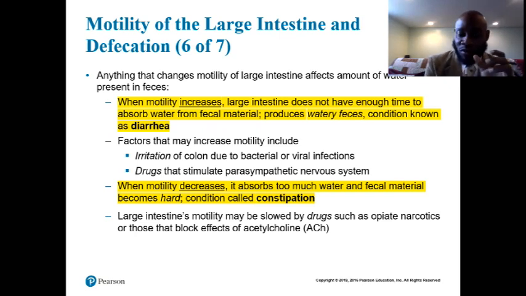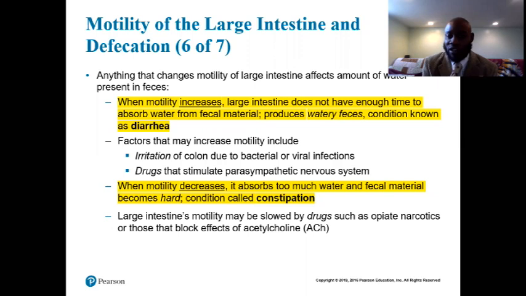Now, if something goes through your large intestine faster than it's supposed to, the water doesn't get reabsorbed by your ascending colon, right? And so when you go to the bathroom, the normally solid fecal matter has more water in it, more fluid in it, and it is what we call diarrhea.